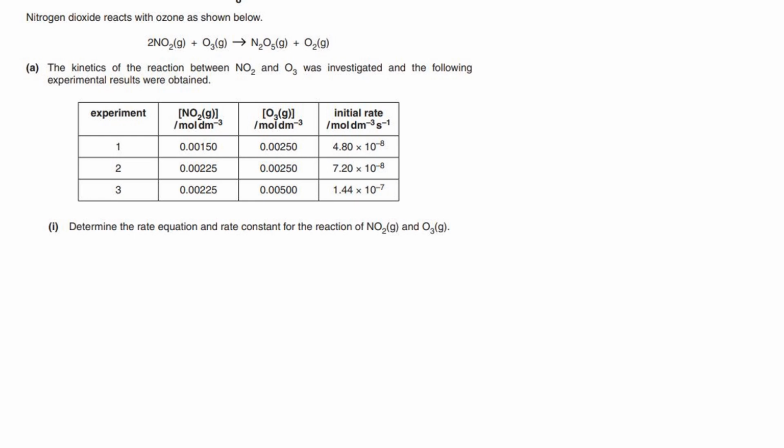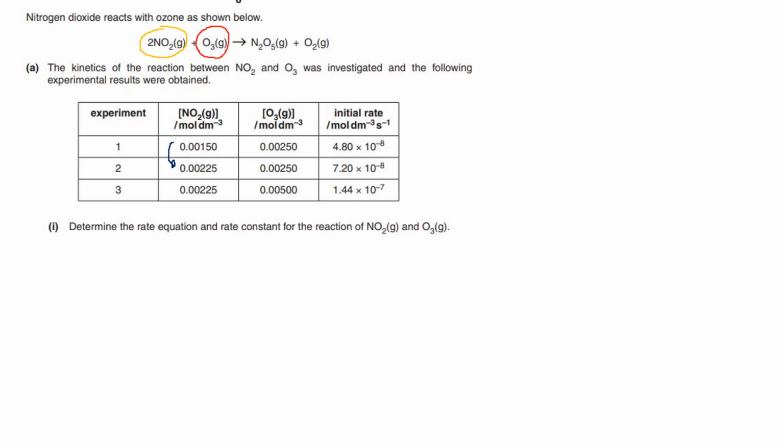And the concentrations of the NO2 and the ozone were varied. So if you look at experiment 1 and compare it to experiment 2, hopefully you can see that the concentration of ozone is constant. It's staying the same.